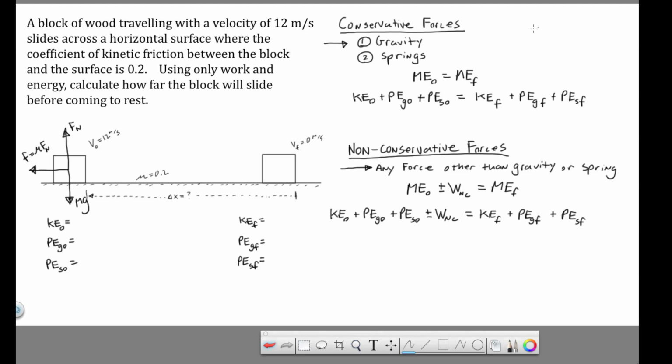A quick example of this would be: here's the ground, and then a ball gets dropped. So there's a ball up here starting from rest. V initial is 0. The ball drops down to the ground. What's the velocity right before the ball hits?